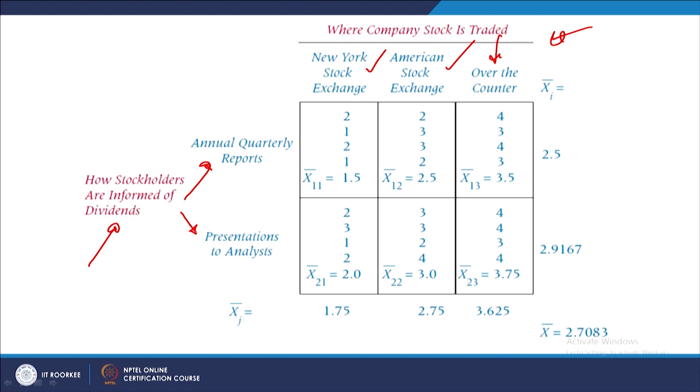So, we have taken data 4 times of one particular stock. We can say that there are 4 replicates, right. So, the number of replicates are 4. The value of stock in New York Stock Exchange when the reporting system was annual, this was the value of the stock, then second reading, third and fourth, right.